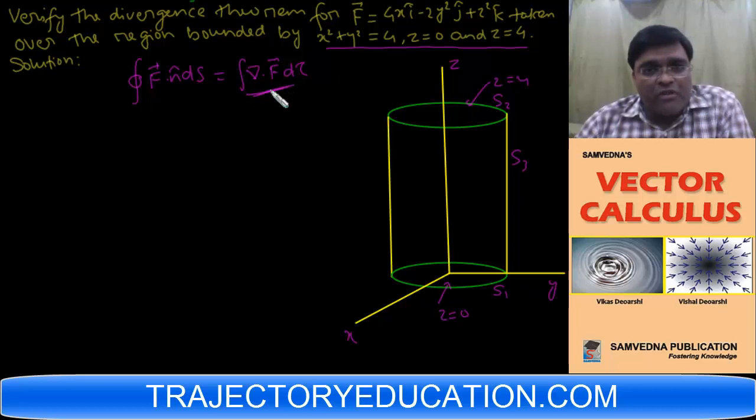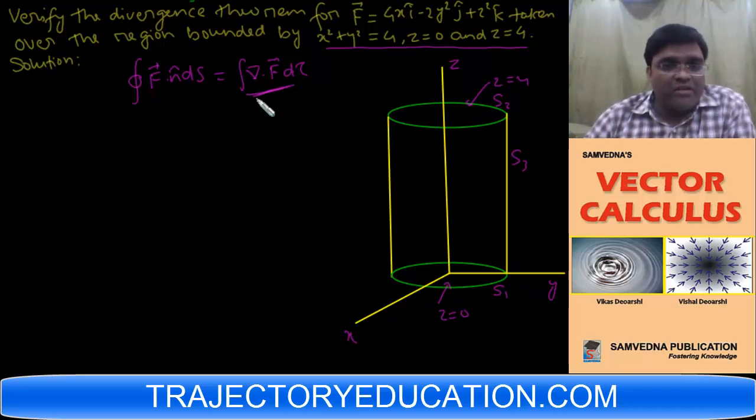First, let us calculate this volume integral. f is given to you. f is 4xi minus 2y square j plus z square k. So your del dot f is going to be 4 minus 4y plus 2z.